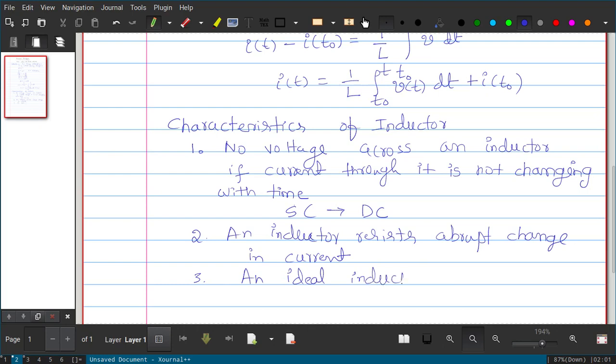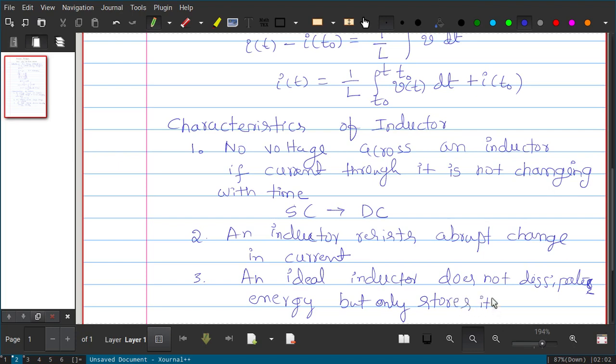Third one, an ideal inductor does not dissipate energy, but only stores it. So an ideal inductor will not dissipate energy in the form of heat, it will store it.